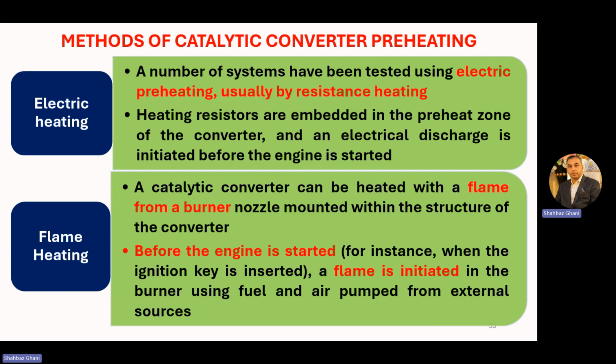Now, the third method is electric heating. A number of systems have been tested using electric preheating, usually by resistance heating. Heating resistances are embedded in the preheat zone of the converter, and an electric discharge is initiated before the engine is started.